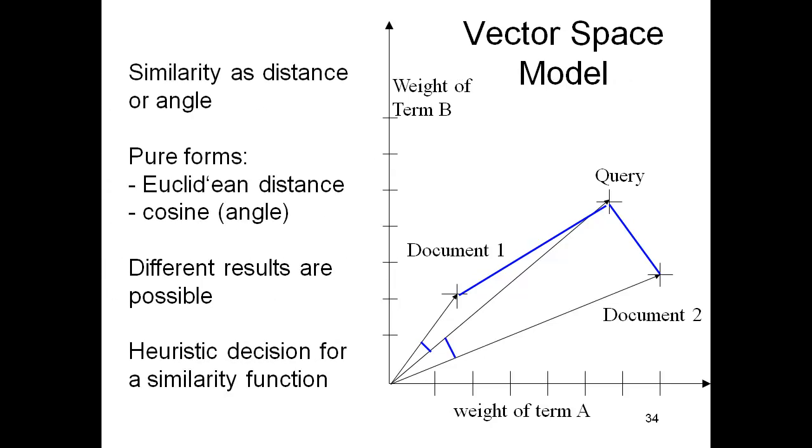Here is the angle, again, okay. And we can have the other pure form with the cosine, just using the angle. These are 2 functions that can be used. Cosine is in every retrieval library, probably also in Lucene. We can use any of them. But in reality, most other functions that calculate similarity are a compromise between the 2.